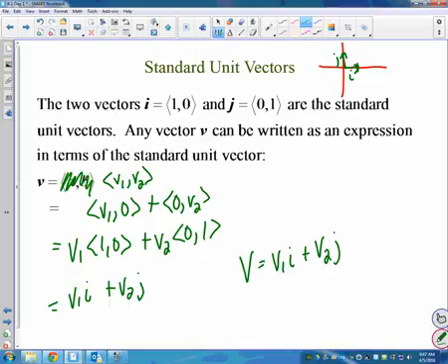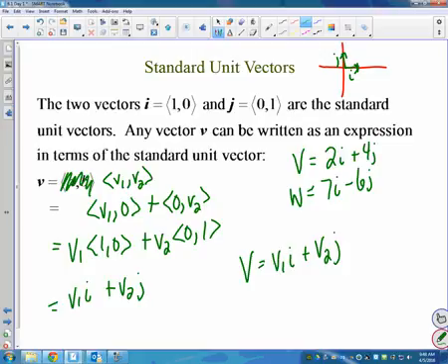So component form is used a lot. You're also going to see i, j form a lot. They might give you a question where, instead of adding in component form, it says vector v equals 2i plus 4j, and vector w equals 7i minus 6j.